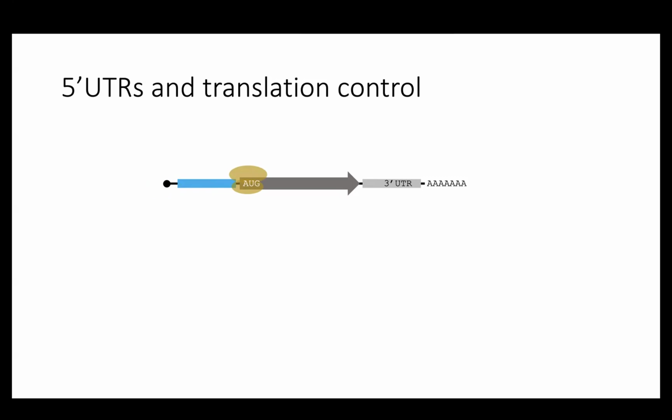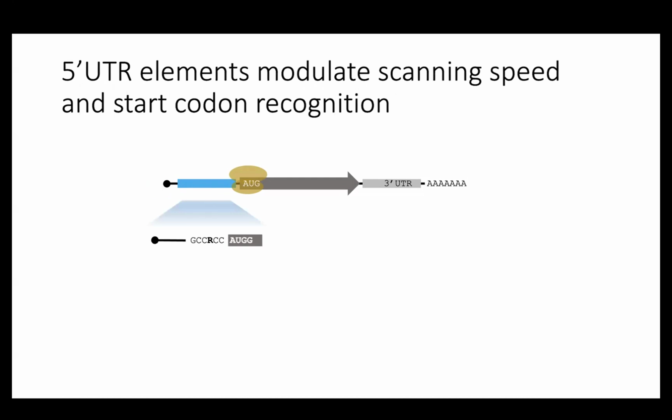Now, what's interesting about the 5' UTR is that there's a lot of information in that region that determines how efficiently this scanning process of the pre-initiation complex actually proceeds. Maybe the best known signal encoded in the sequence is the so-called Kozak sequence.